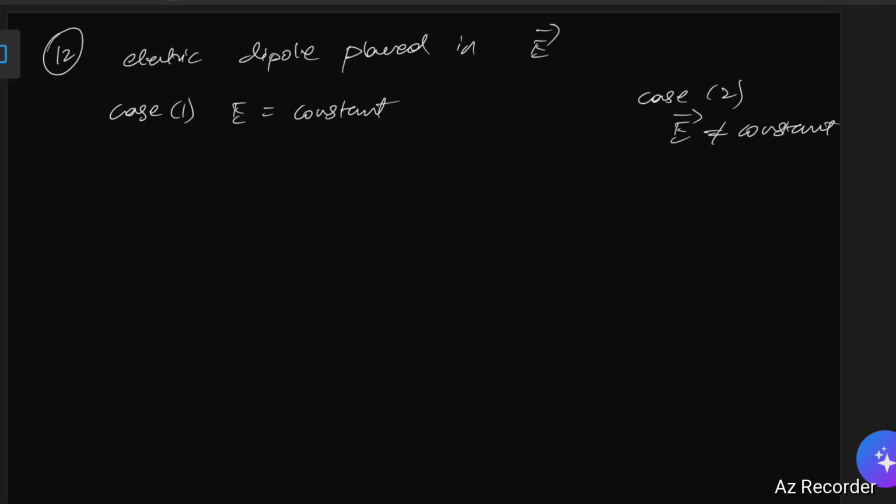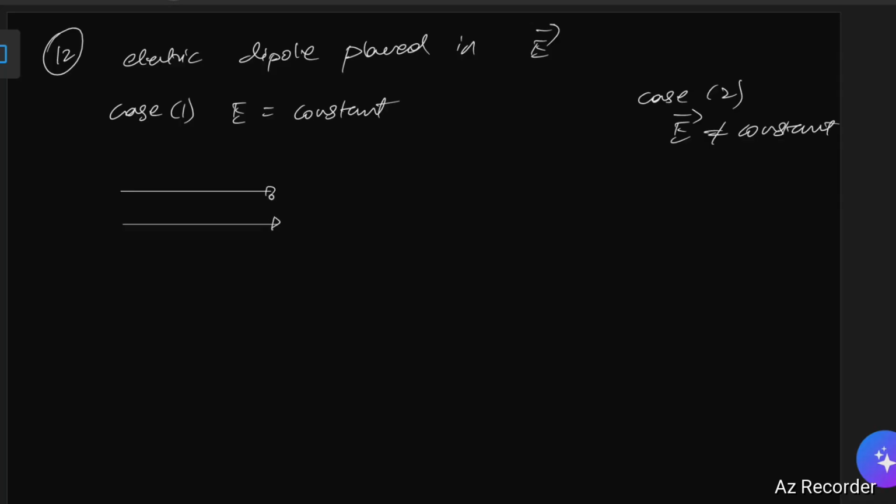Now there are 2 cases here. Case 1, let us consider that the electric field is constant or uniform, and case 2 is when the electric field is not constant. In the first case, this is the electric field lines.